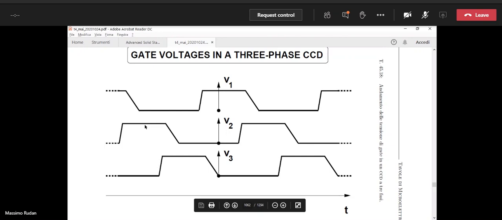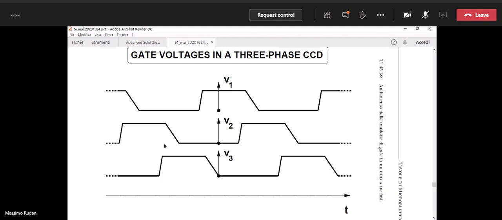Okay, so here we had the integration time. Okay, now you can see that as time evolves, we put V3 high. We still have V2 high, and we still have V1 low. Okay, so for a while we have V2 and V3 high.